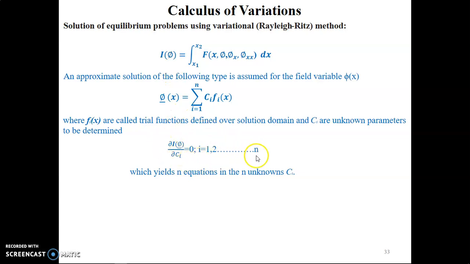So this will yield n equations, and simultaneous solution of all these equations will provide the values of the n unknowns, that is c1, c2 up to cn. So in the next video lecture, we will apply the Rayleigh-Ritz method to 1D mechanical engineering problems to obtain the approximate solution of the field variables.